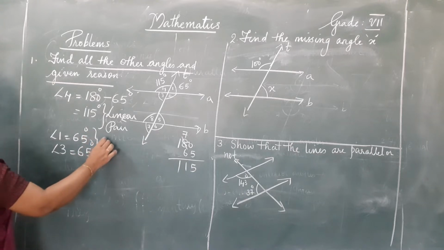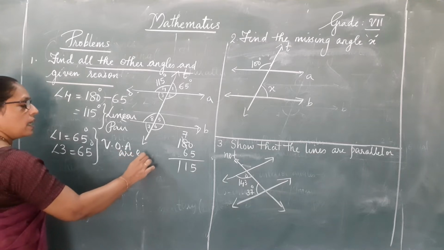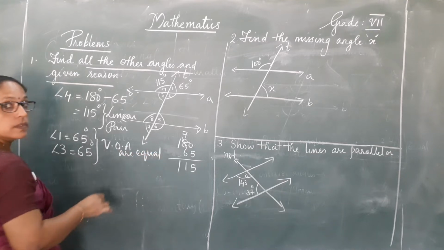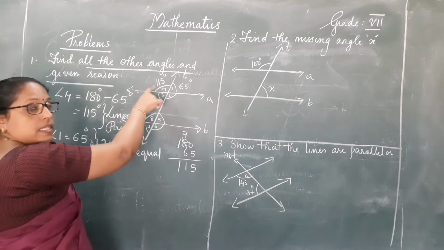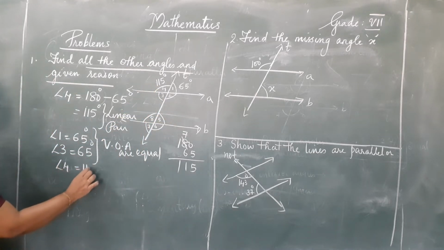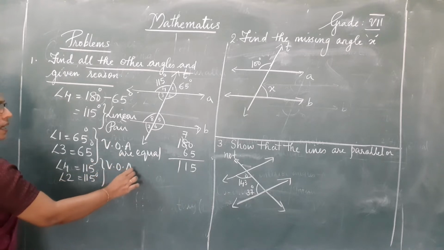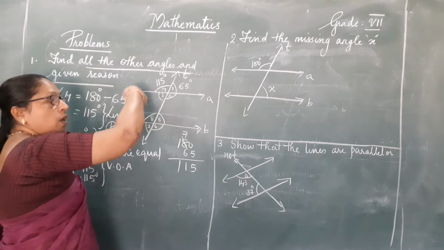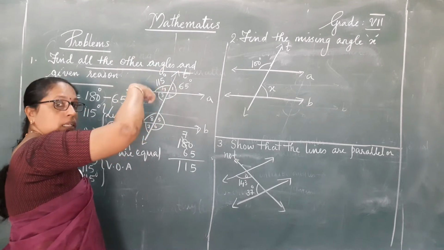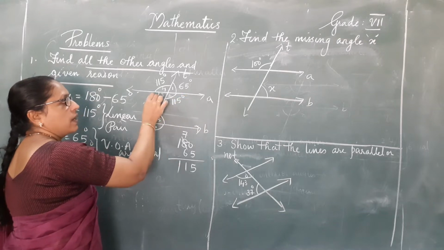These two pairs, vertically opposite angles, are equal. Same way, angle 4 equals 115 degrees, so angle 2 is also 115 degrees. Same reason, vertically opposite angles. So you have found all the angles in the upper part: this is 115 and this is 65.